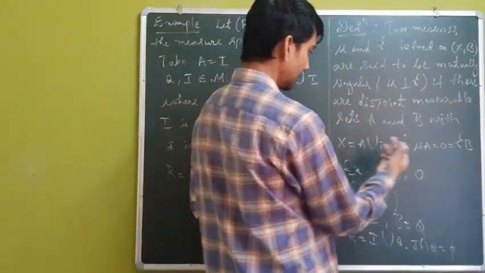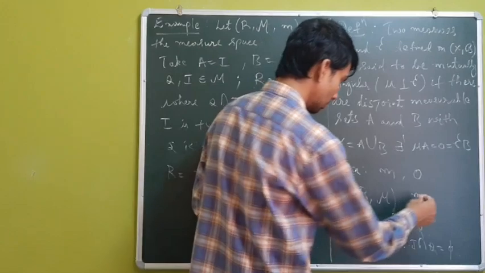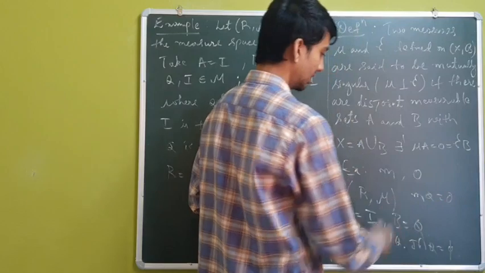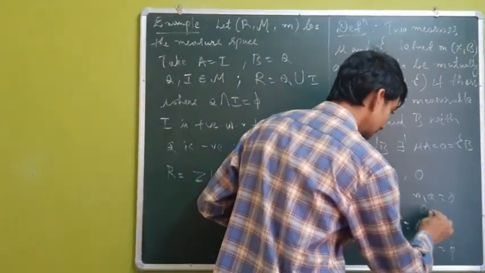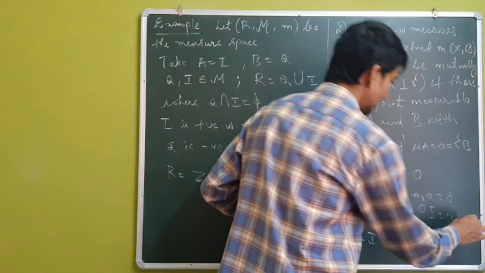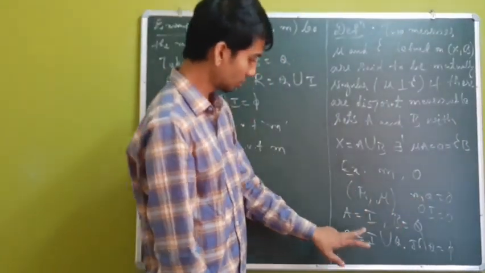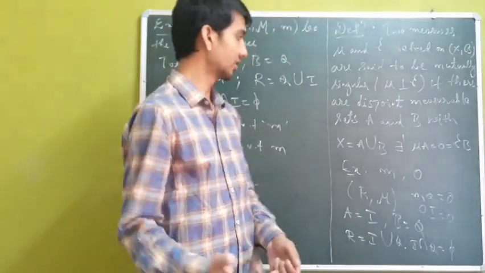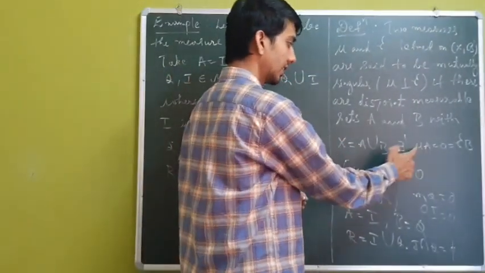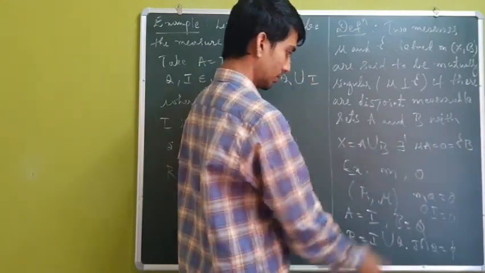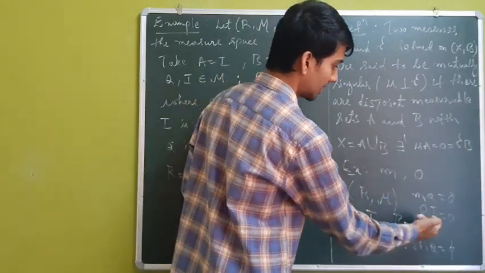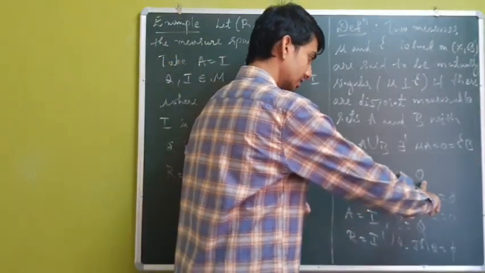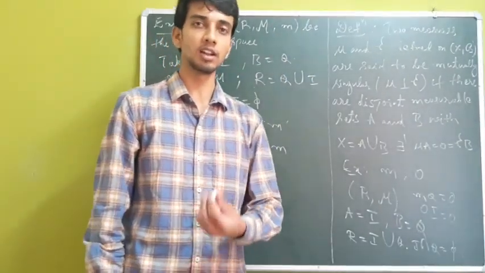Observe that as Q is countable, the measure of Q is 0, and the zero measure of I is 0. So we are finding the measure of the first set and the other measure of the second set, and both are equal to 0. So I can conclude that the Lebesgue measure and the zero measure are mutually singular measures.